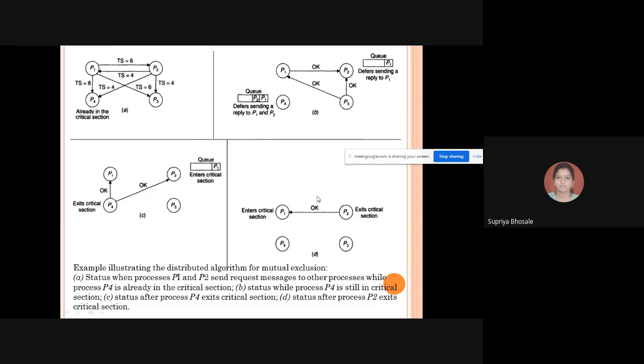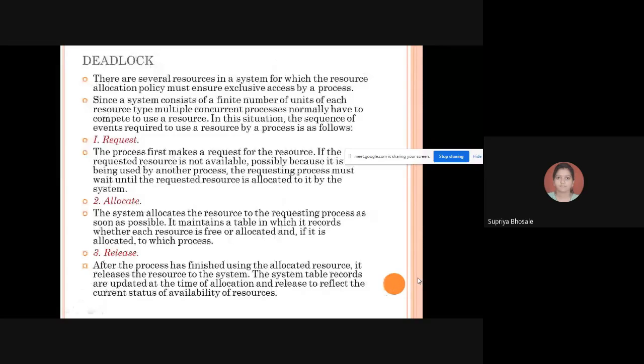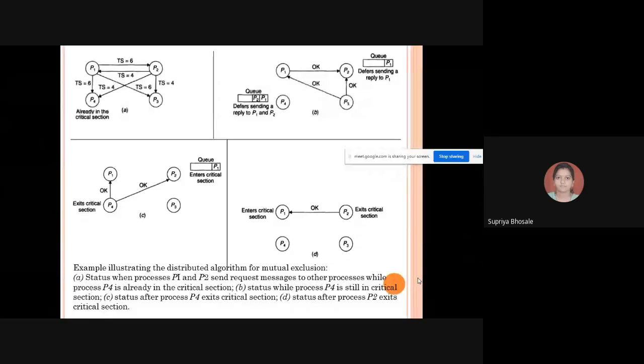That is P1. So he will send okay message to P1 and now P1 will enter into the critical section. So this is how your algorithm will be implemented. This is the distributed way for maintaining mutual exclusion, we can say.